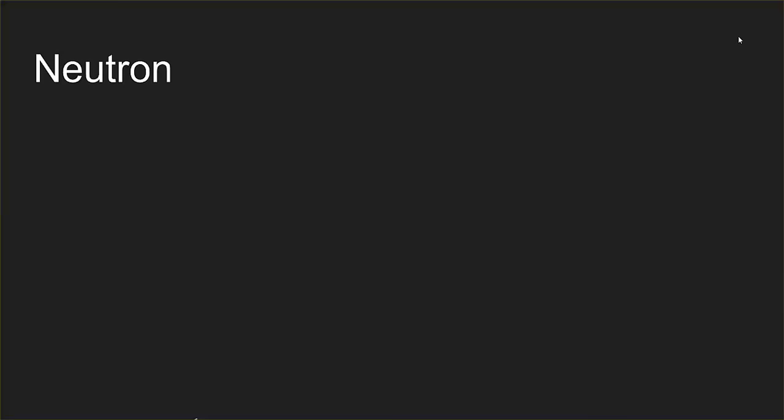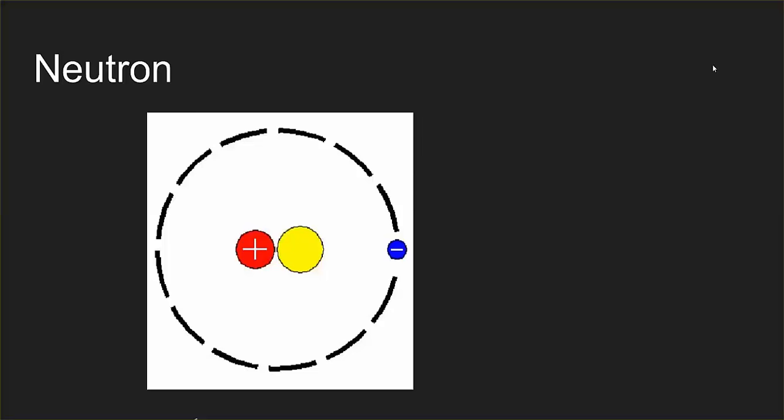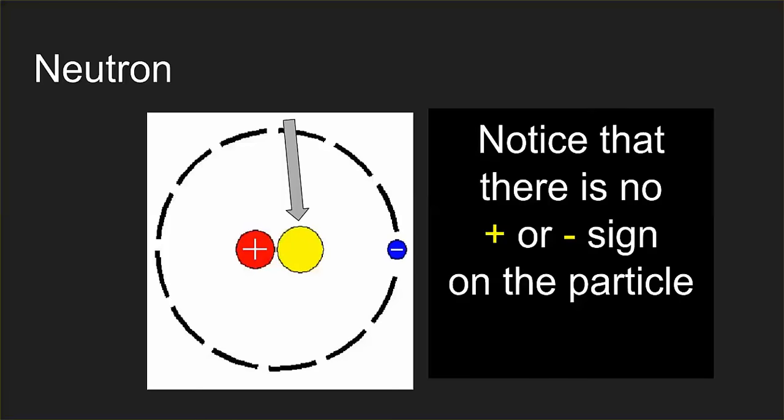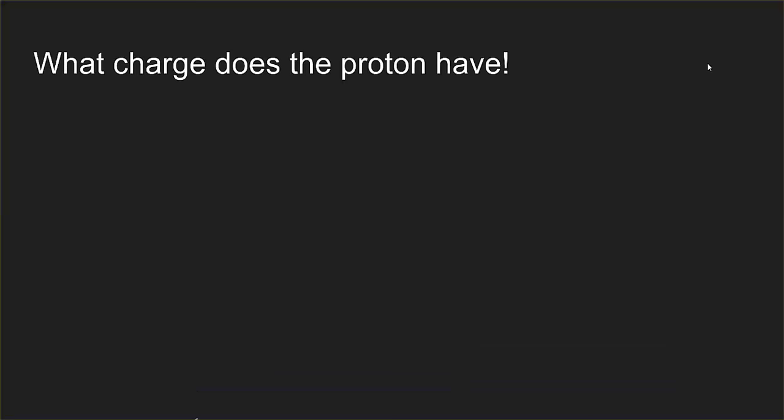Neutrons. Remember the facts about neutrons? There's the neutron. Notice that it has no plus or minus sign on it. So that makes it neutral. What charge does the proton have again?